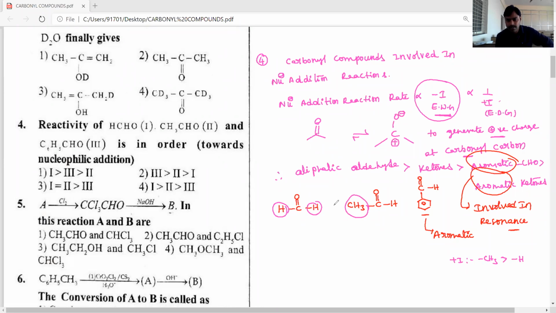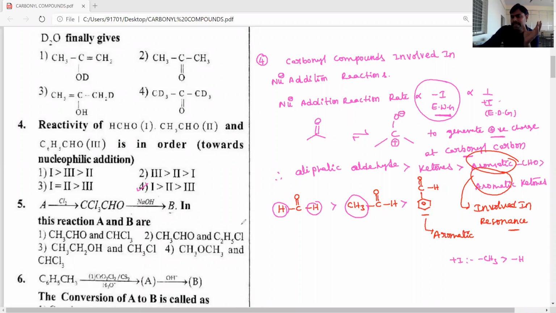That's why formaldehyde is more reactive when compared to acetaldehyde and then benzaldehyde. So the answer is 1 is more than 2 and then 3. The fourth option is very clear.